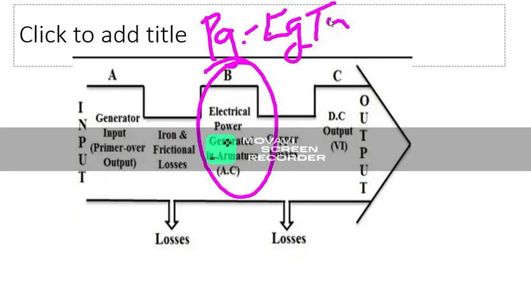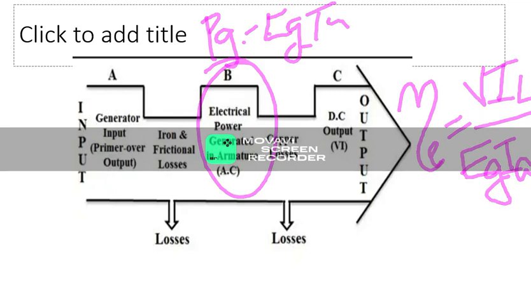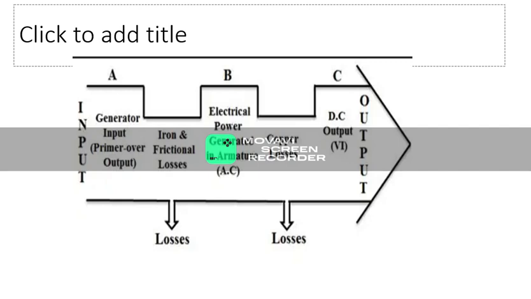So what will be the electrical efficiency? Electrical efficiency is equal to V into IL divided by EG into IA. V into IL divided by EG into IA will be our electrical efficiency.